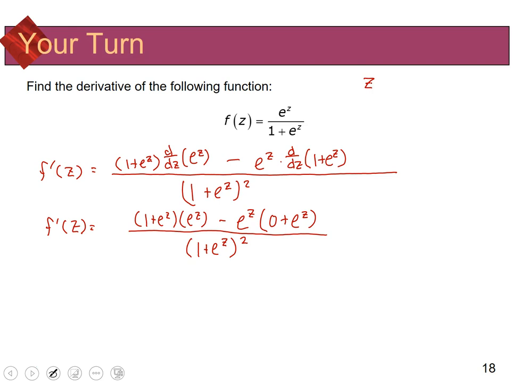So again, I could do a little bit more simplifying up there. I could distribute the e to the z in the first part of that difference, so I could have e to the z times e to the z, which is e to the 2z. Minus e to the z times e to the z is another e to the 2z.